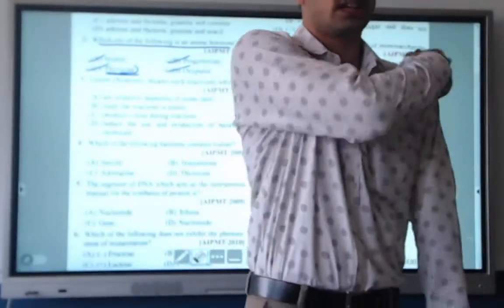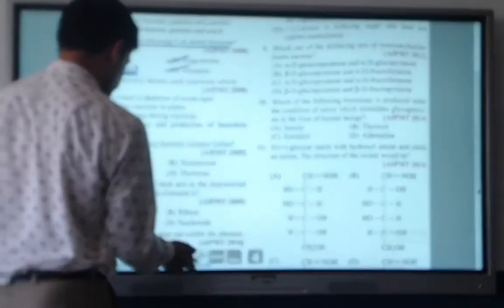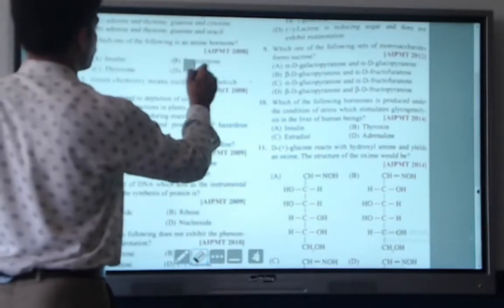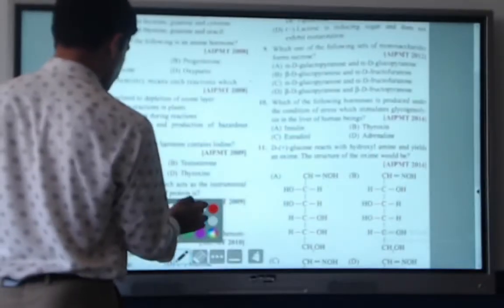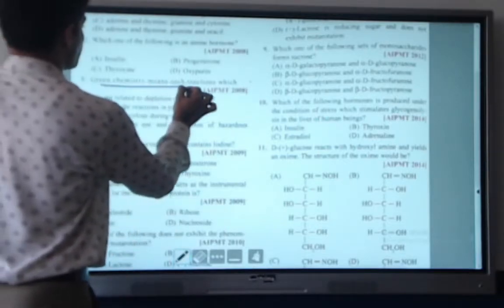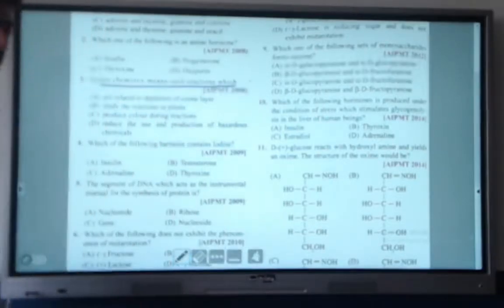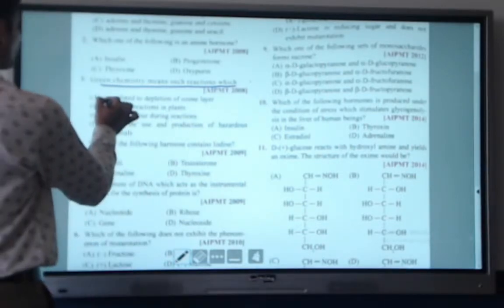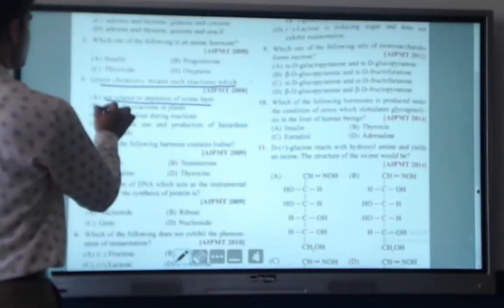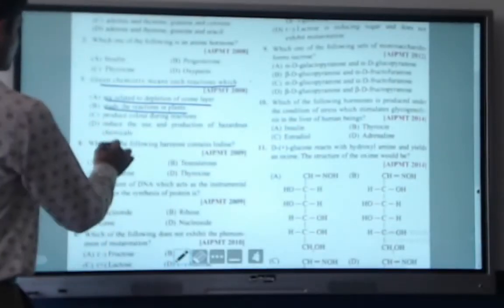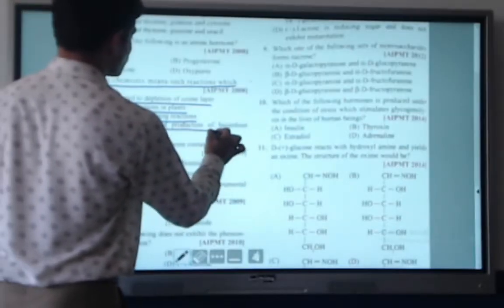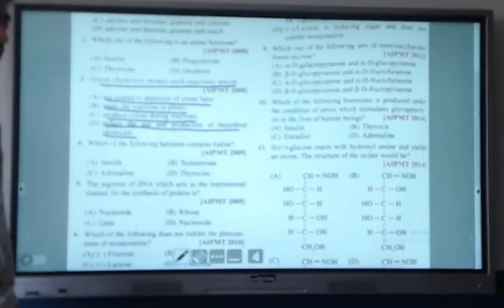The next question is: green chemistry means such reactions which: A, are related to depletion of ozone layer; B, study the reaction in plants; C, produce the color during reaction; D, reduce the use and production of hazardous chemicals.